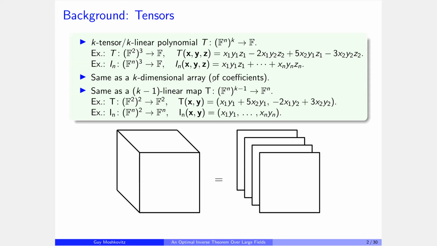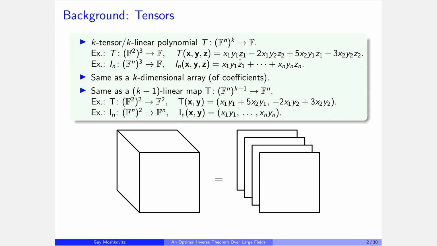Another way to think of tensors is just as an array of numbers, namely the coefficients of the polynomial. Just like a two-dimensional tensor, you can think of it as a matrix of numbers, or as a bilinear form. Alternatively, you can think of a two-tensor as a linear map.